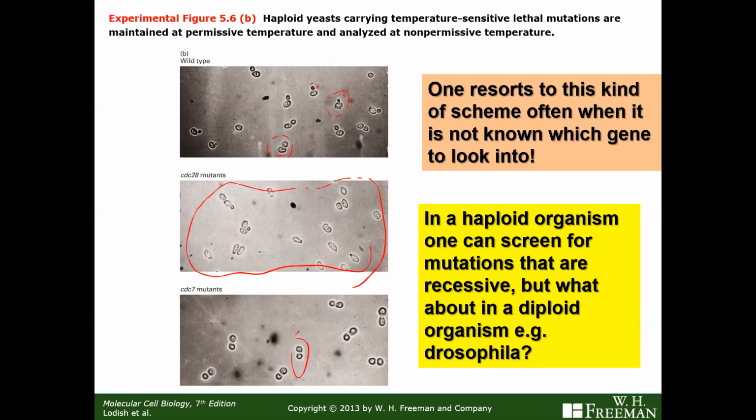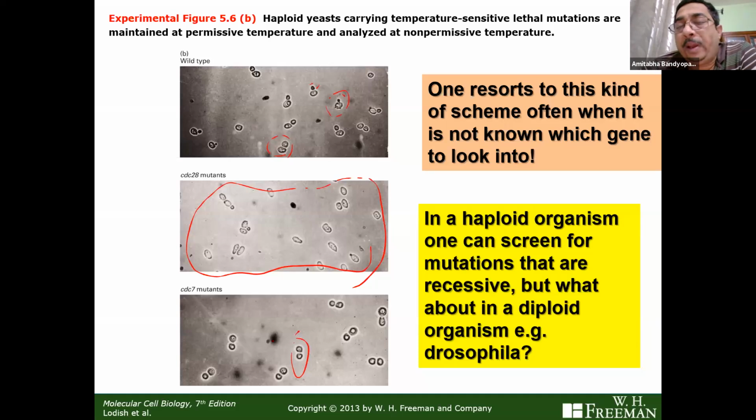So one thing which I want to ask here: did we already segregate the types of mutants during the last plating at 36 degrees, or were we not sure? We did not know.